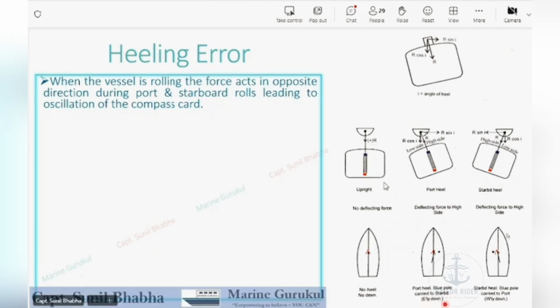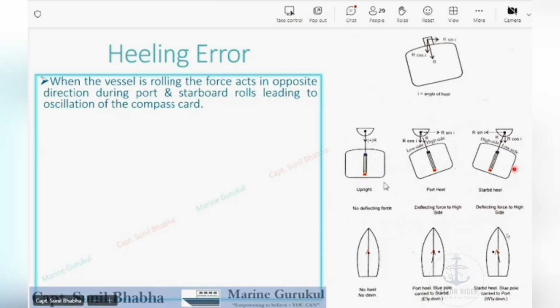Now when the vessel heels to the starboard side or rolls to the starboard side, this oblique field now acts in this particular direction. You can see the R sine I component of the field is acting in this direction. So the deflecting force is towards the high side, which is the port side.